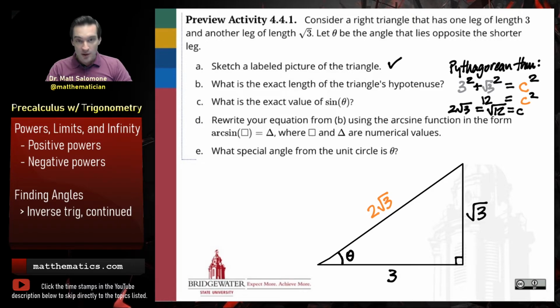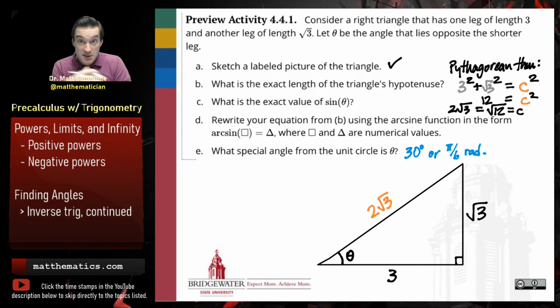This is a triangle whose angles are definitely 30, 60, and 90, because the hypotenuse is twice the length of one of the sides. But let's pretend that we don't know that for a second, because we're going to discover that in the process. In fact, I've kind of answered part E right here. What special angle from the unit circle is theta? It's 30 degrees, or pi over 6 radians.